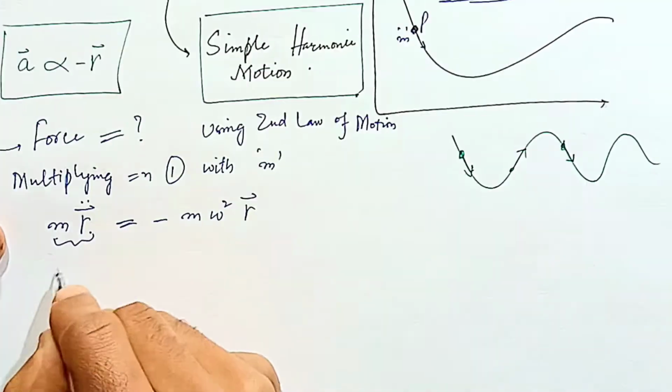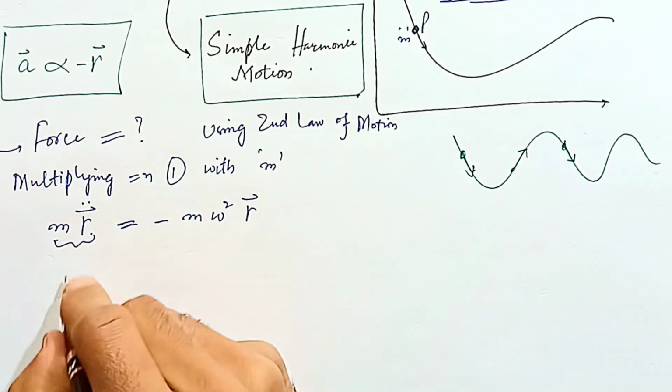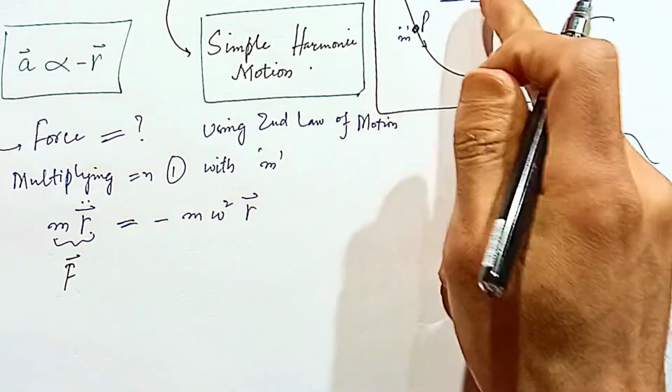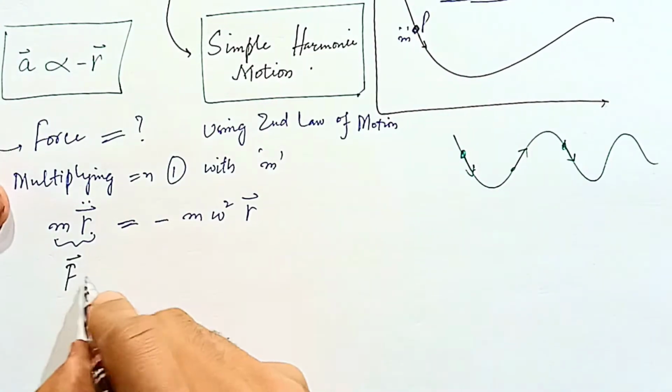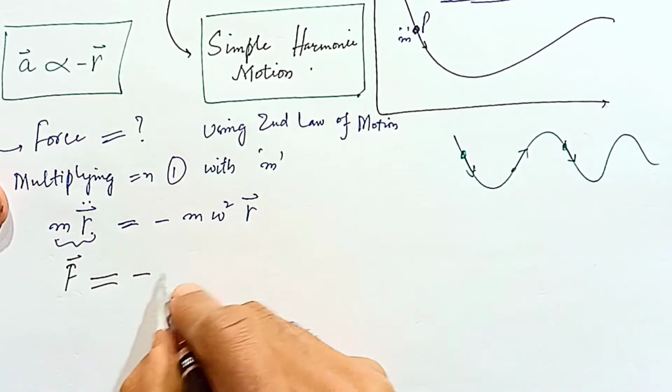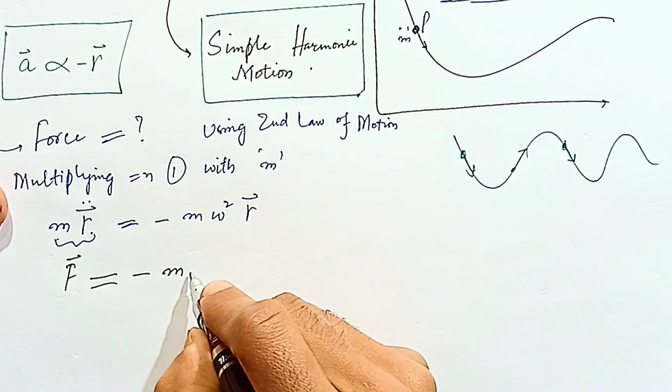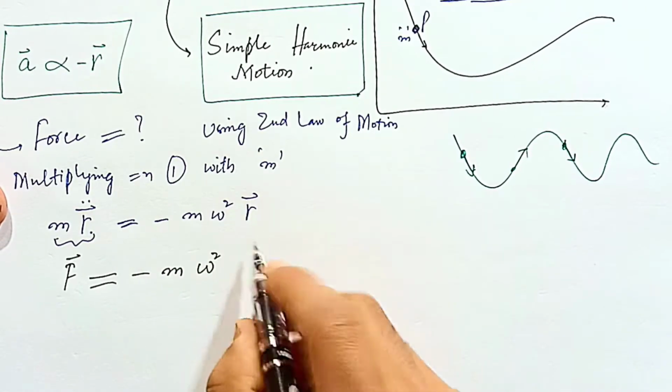So this will be equal to the force acting on this particle which is moving along this very path. So the force will be equal to minus m omega squared r.